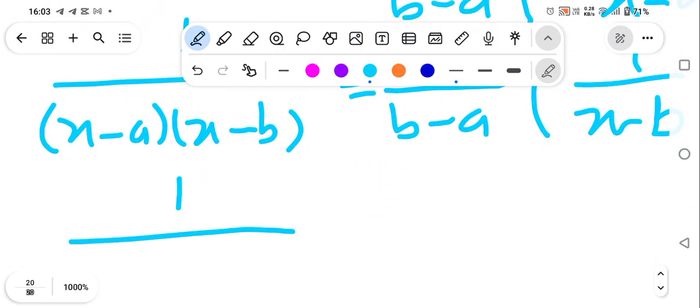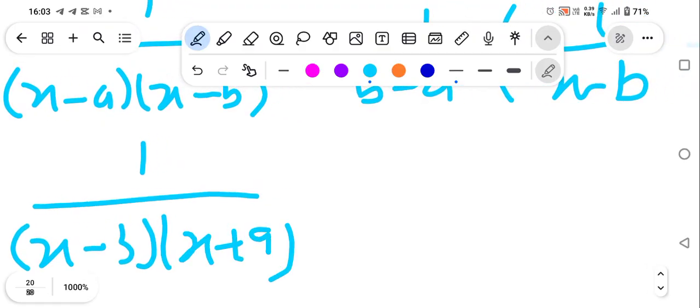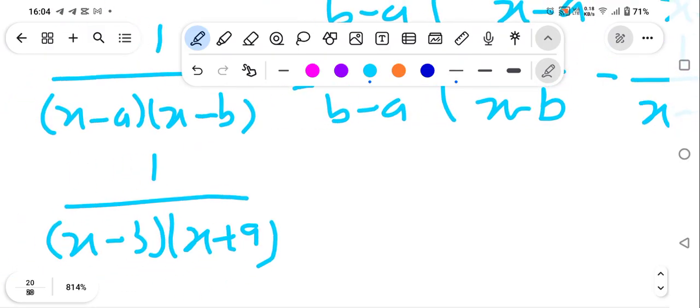So let's say x minus 3, x plus 9. What's b minus a?